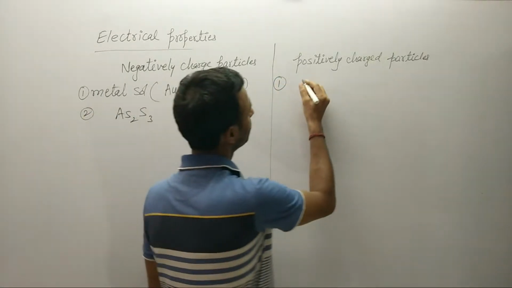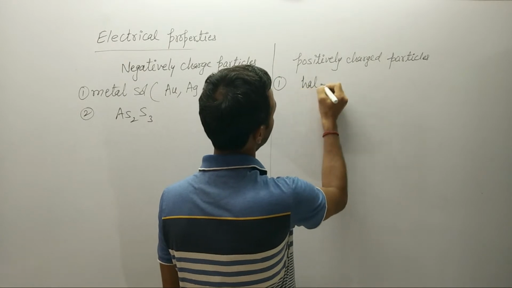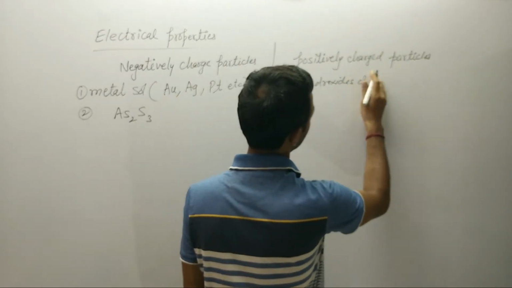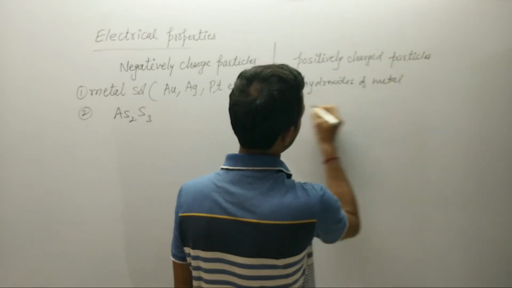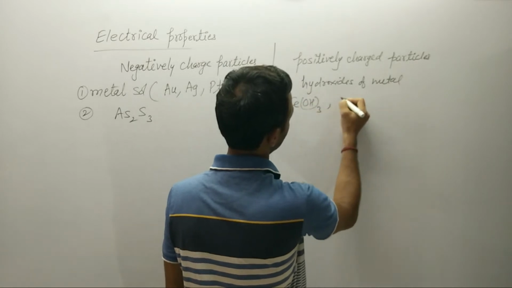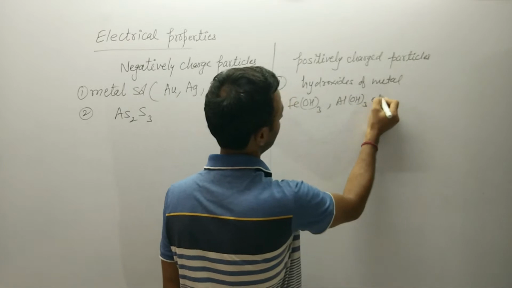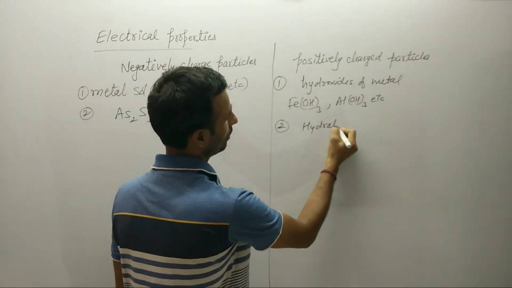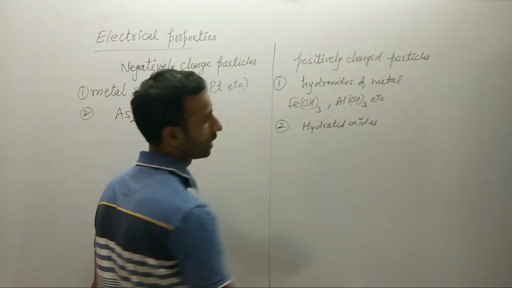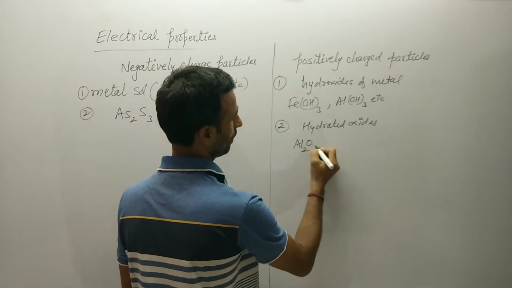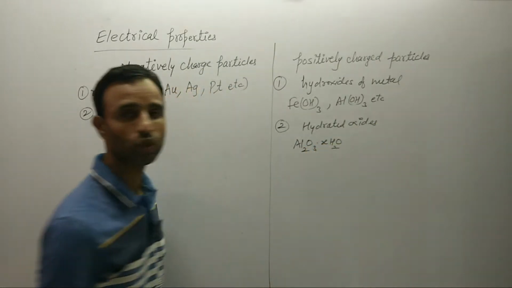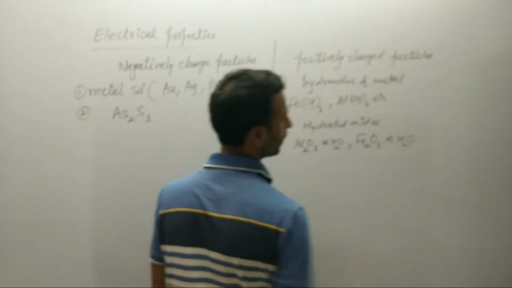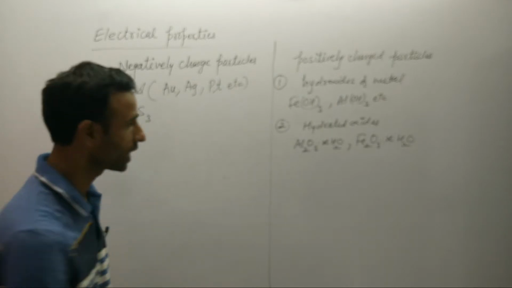Positively charged sols: hydroxides of metal like ferric hydroxide, aluminium hydroxide, they are positively charged sols. Or hydrated oxides like Al2O3.xH2O, Fe2O3.xH2O, they are all positively charged sols.